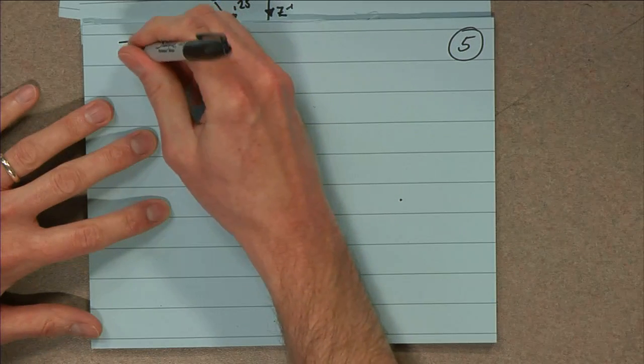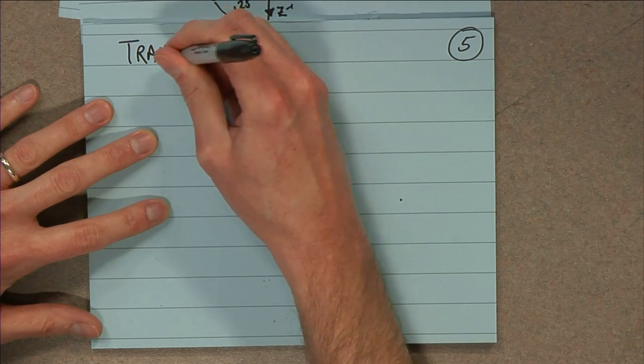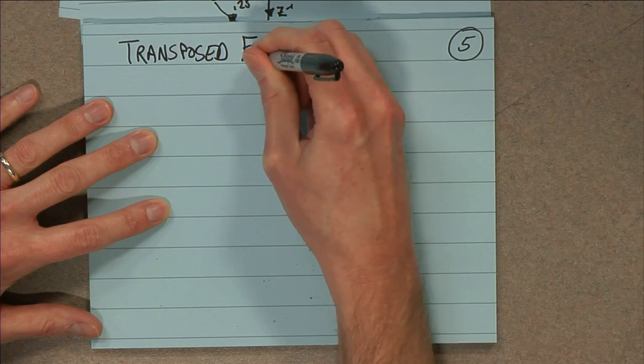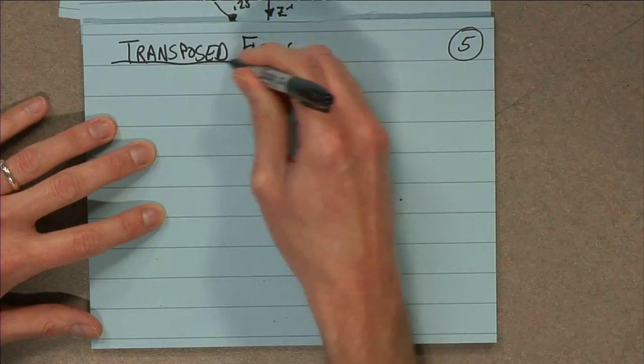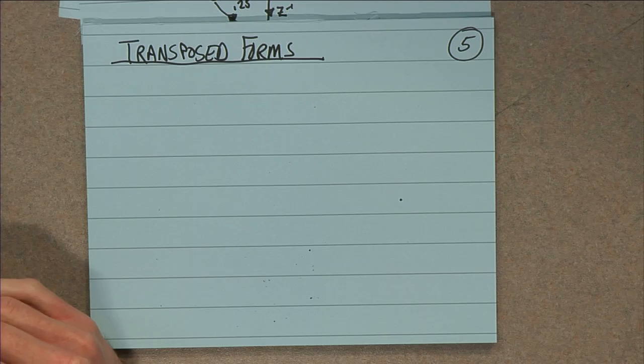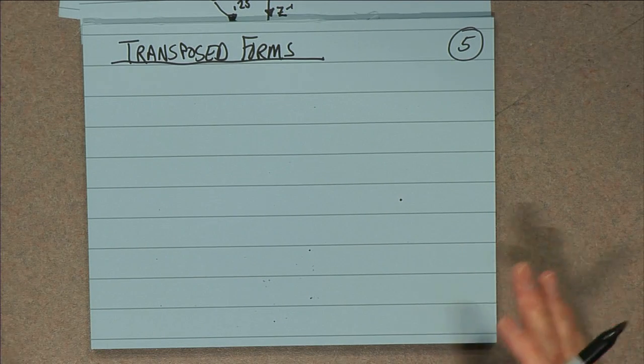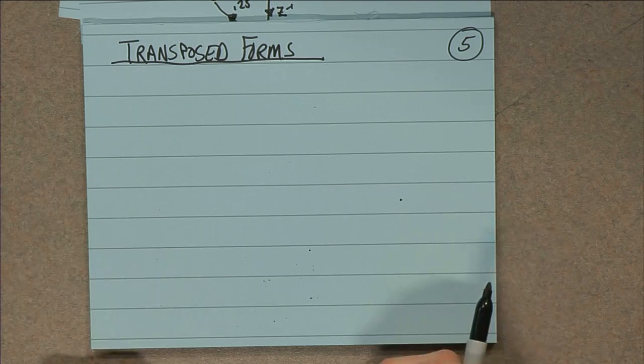And our final topic is transposed forms, or sometimes called flow graph reversal. The way that this works is you can take a flow graph and rewrite it in a slightly different form.